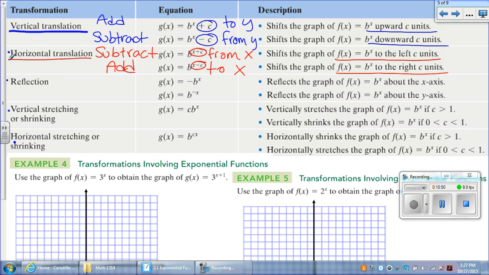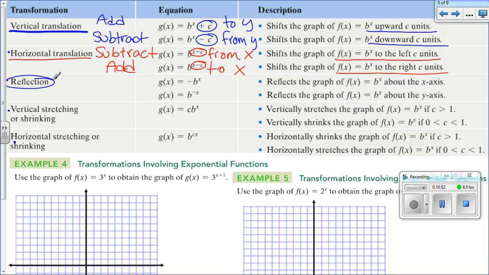All right, now let's go over reflection. We have two types of reflection. If you see a negative that is outside, and I'm going to give you an example with numbers, something that might look like this. Why didn't I use parentheses around the negative and the 2? Because then doesn't that make the base negative?